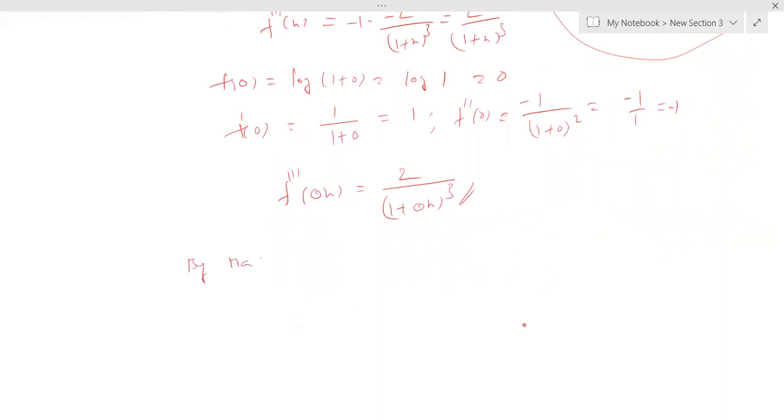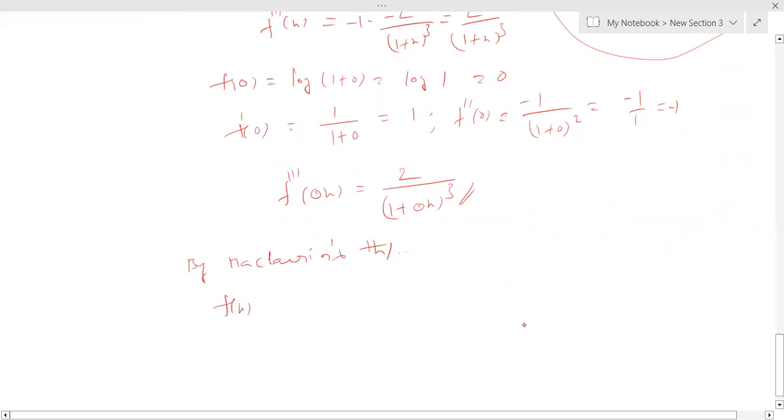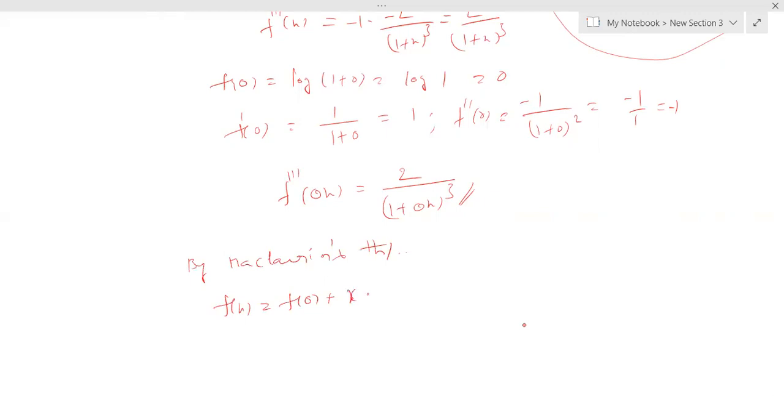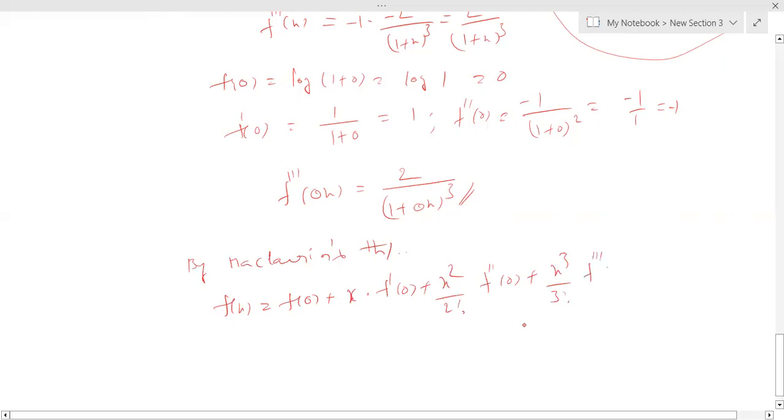By Maclaurin's theorem, f of x equal to f of 0 plus x into f dash 0, plus x square by 2 factorial f double dash 0, plus x cube by 3 factorial into f triple dash of theta x.